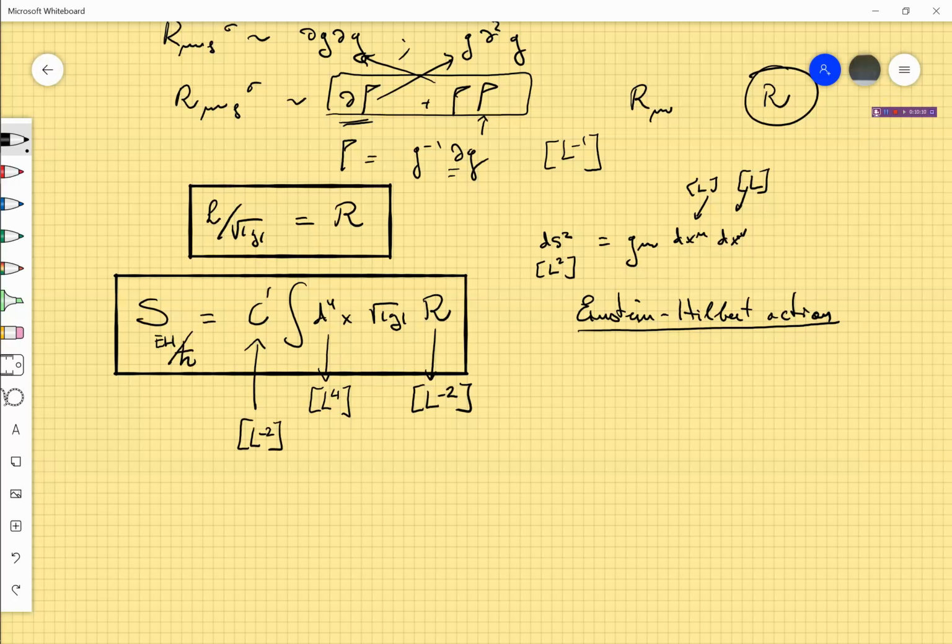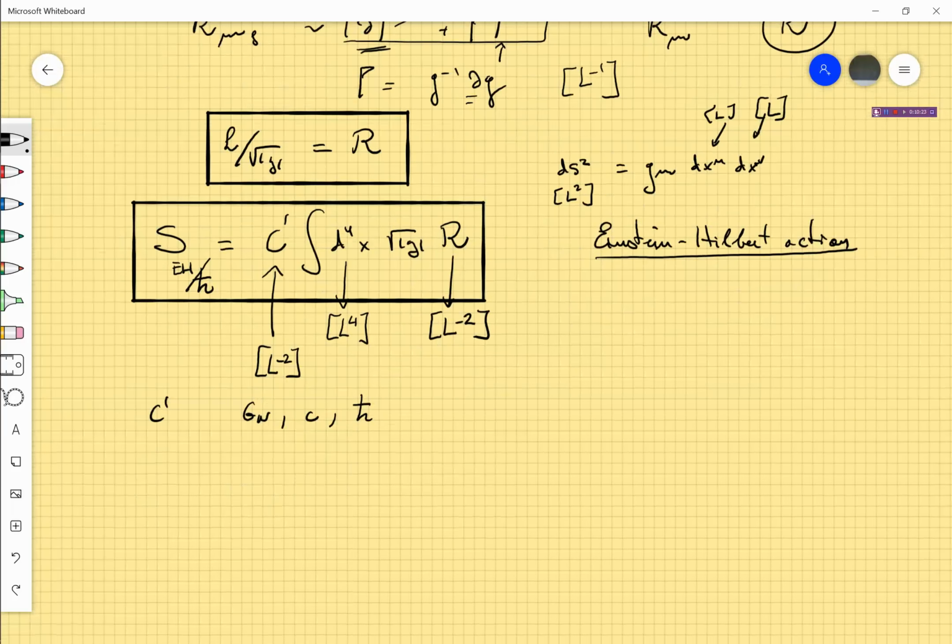Now, this C prime can contain the Newton constant, can contain the speed of light, and could also contain h bar itself. But it has to have dimensions of length to the minus 2. Now, you know that there are unique combinations of these three constants of nature, G, c, and h bar, that have dimensions of length, time, and mass, and these are called the Planck length, Planck time, and Planck mass.